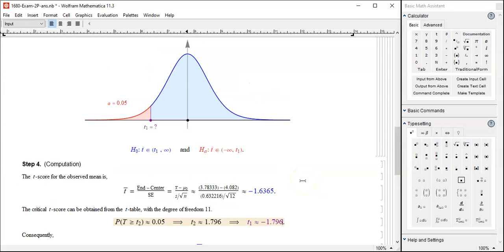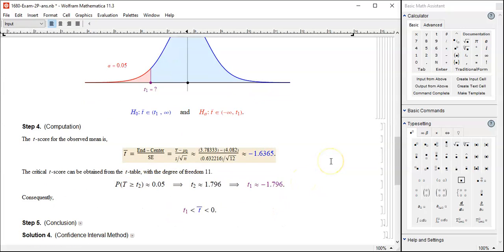And then we find the t-statistic given by the observed mean, x bar minus mu over SE, and get negative 1.63 something.